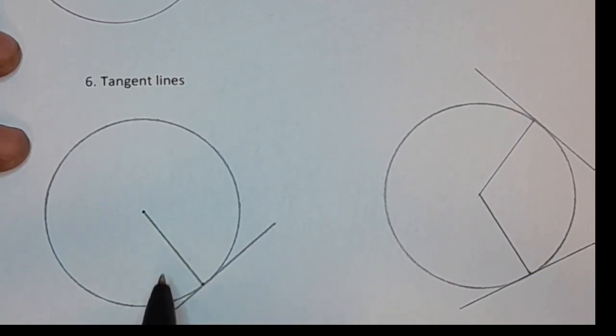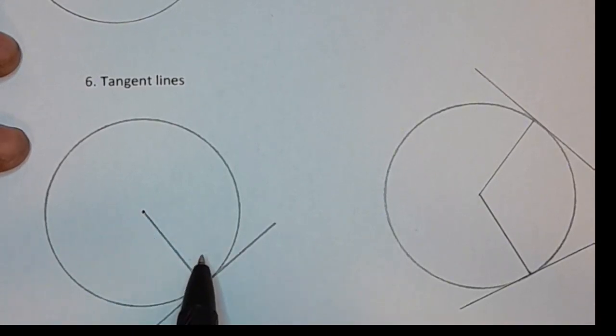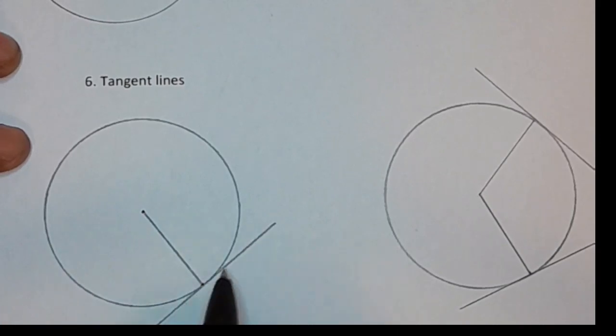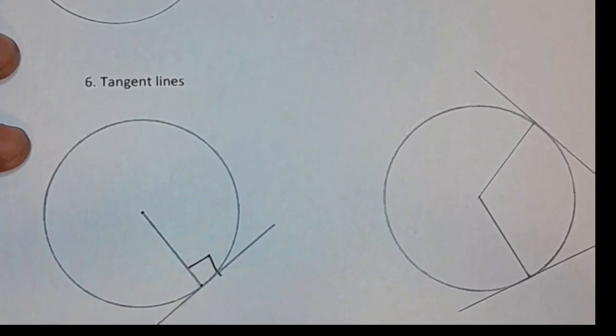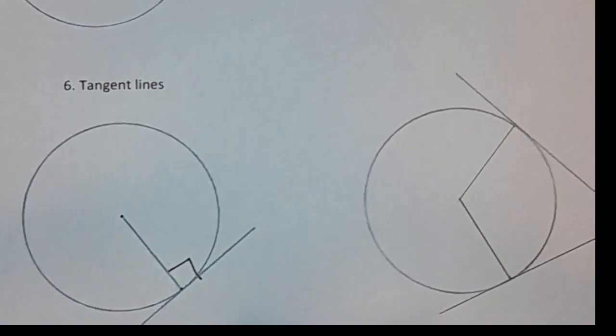You need to know that the angle between the radius and the tangent of a circle is equal to 90 degrees. So the radius meets the tangent at 90 degrees.